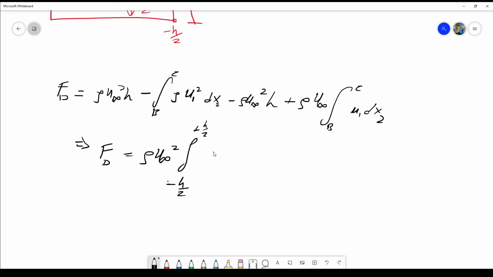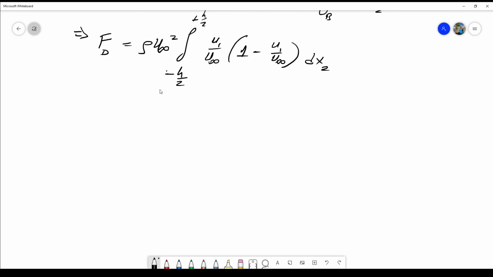And if we rearrange this equation by writing it in terms of the ratio of the outlet and inlet velocity as shown here, we have u over u infinity multiplied by 1 minus u over u infinity, integrated in the x_2 direction.